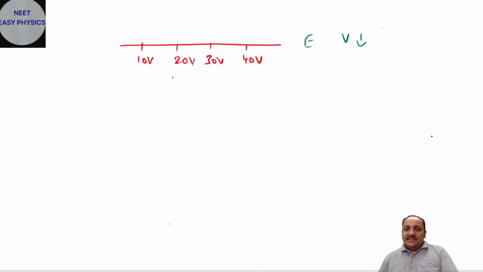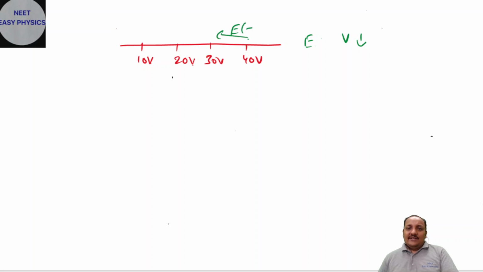Now they will ask some questions where they give values 10 volts, 20 volts, 30 volts, 40 volts, like this they will give. At the time, what is the direction of electric field? Electric field is always in the direction of potential decreases. In which direction potential is decreasing? Towards left side.